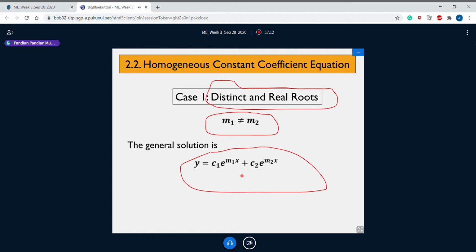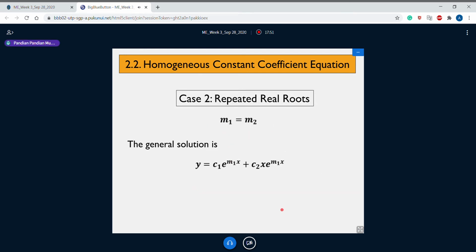For the general solution, you must know m1 and m2. C1 and C2 will be the constants. So you just let it be there for now, and later on we can find C1, C2. So this m1 you plug in here, and m2 you put it here. So you have already solved the problem for case 1.